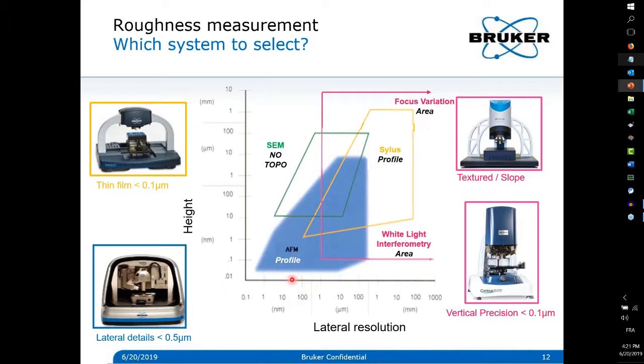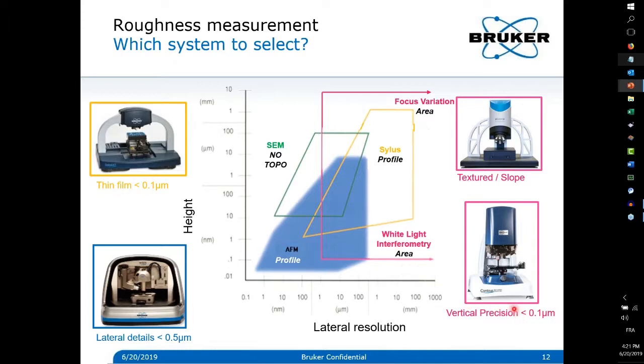So whenever you have details below 0.5 microns, usually AFM will be the right technique. If you start to have very small vertical steps or small roughnesses, but you want to extend to larger areas, white light interferometry will play a role.